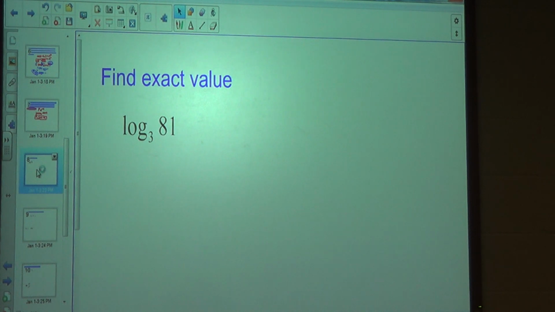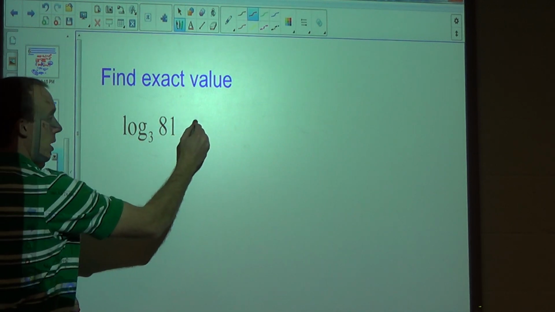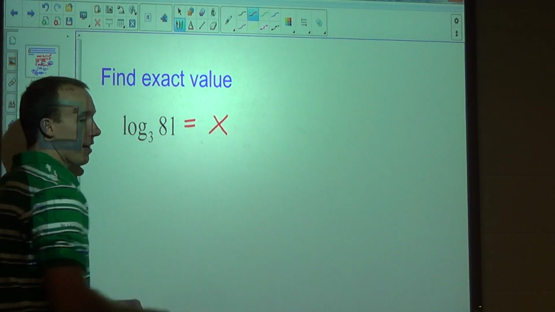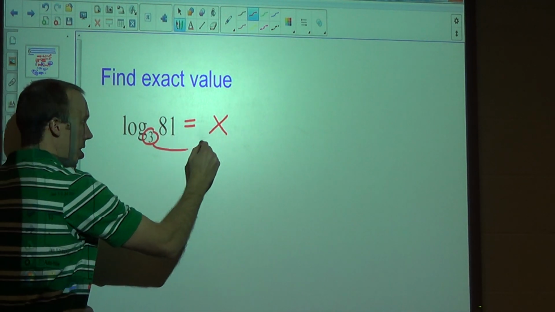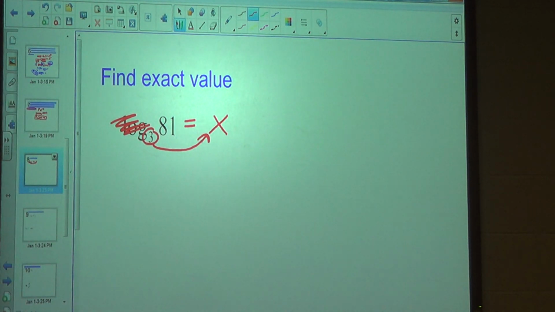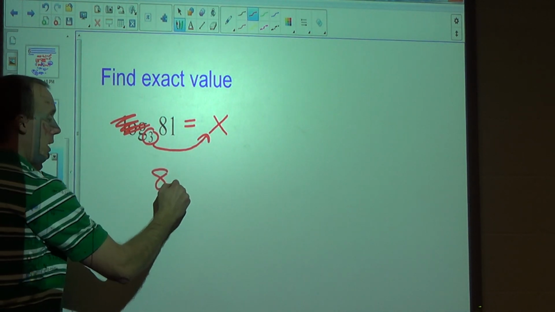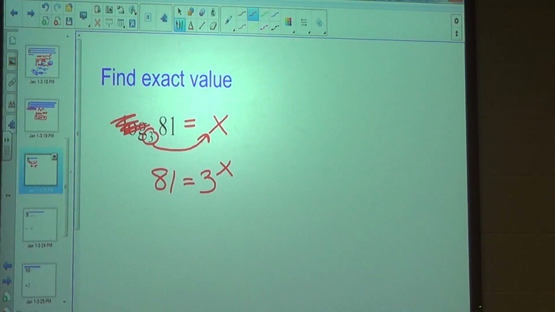Alright, find the exact value. So what do I do first here? Push and pump, yep. So I've set it equal to x, and we take the 3, and to get rid of this log, you do what? You push it over, pump it up, and the log disappears. So now I'd be left with 81 equals 3 to the x. 3 to the x, and now I gotta think what?